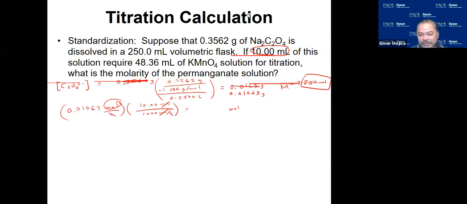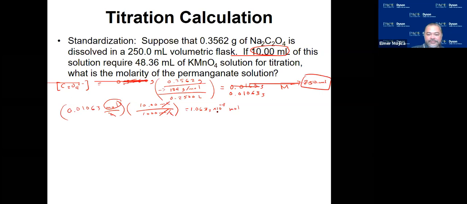So when you multiply 10 ml divided by 1,000 with the molarity, you get the corresponding moles. And this is just 1.0633 times 10 to the -4 moles.